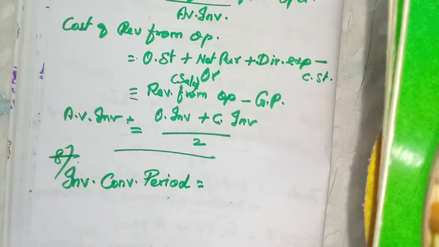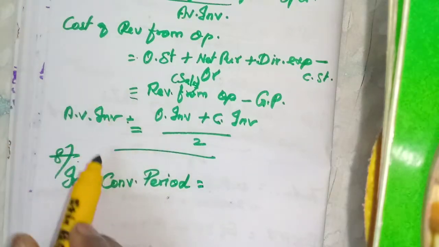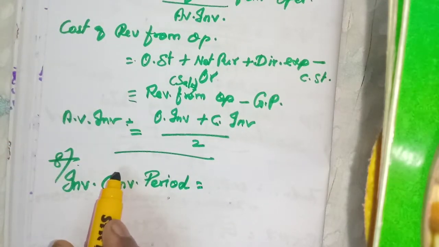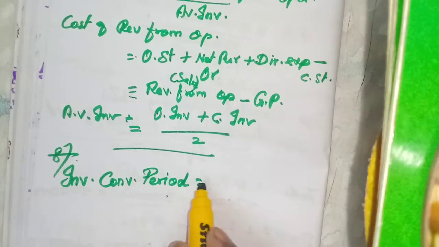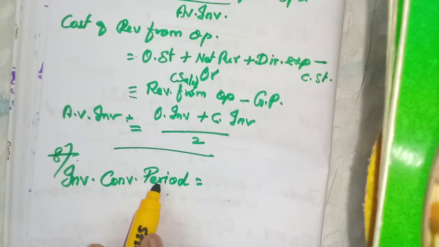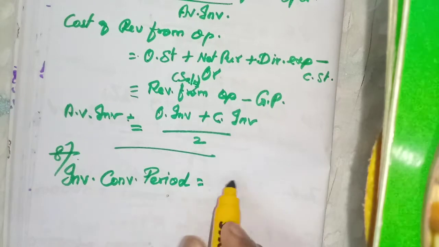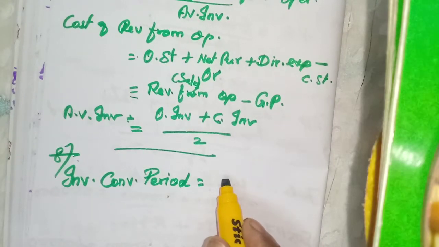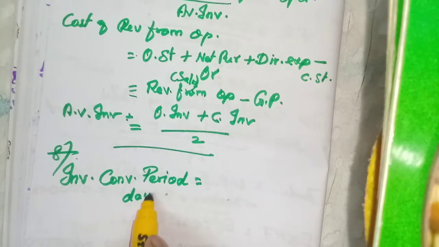Inventory conversion period. After calculating the inventory turnover ratio, we have to calculate the inventory conversion period. What is the meaning of this one? It means within how many months or days we can convert the inventory into cash. This can be calculated in days or in months.